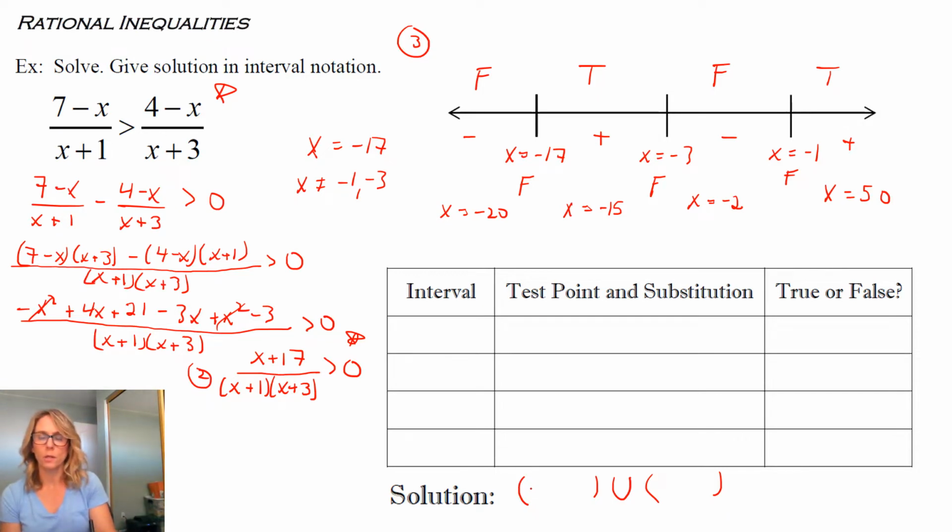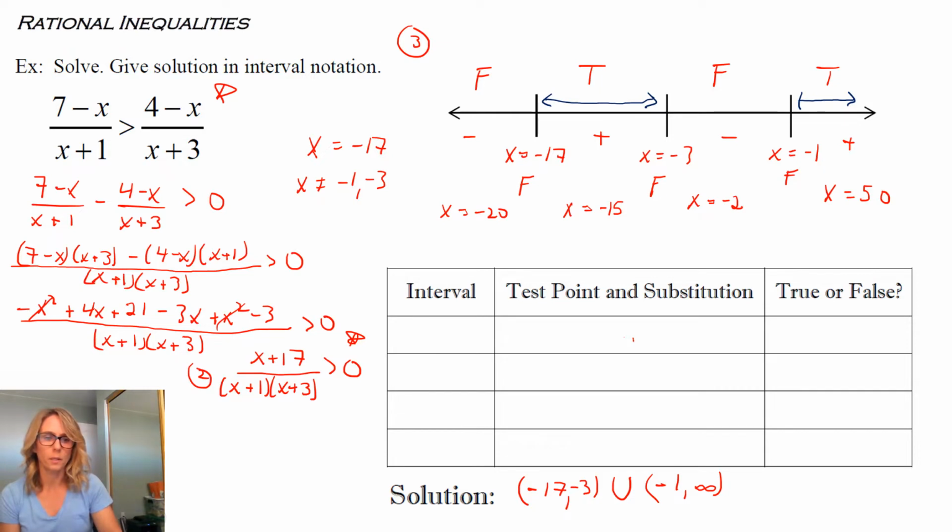So I'm going to start with negative 17 to negative 3, and then again from negative 1 up to infinity. So notice we're talking about this interval right here, and this interval right here. And that's how we came up with the values that we did.